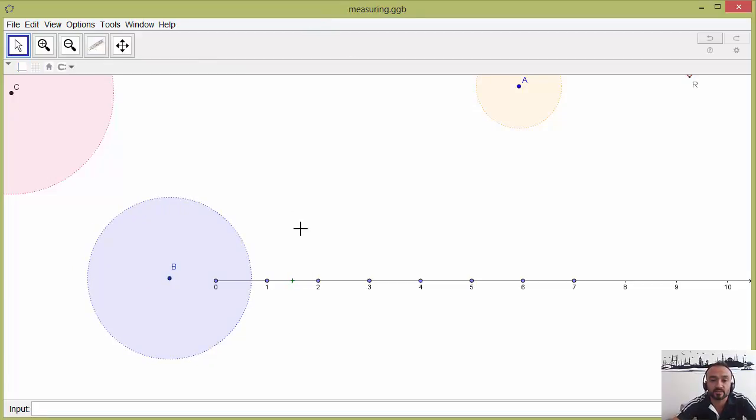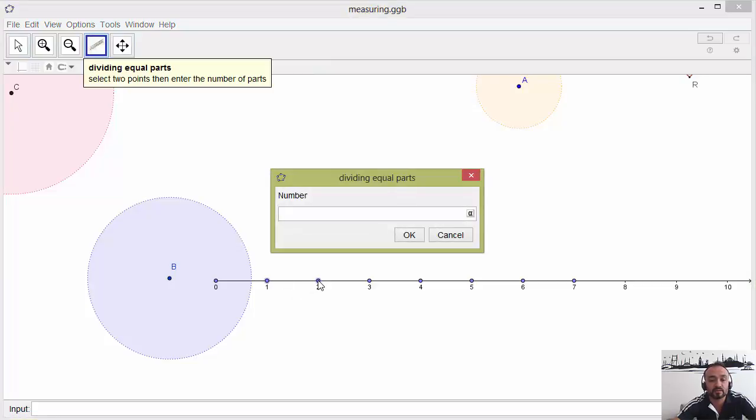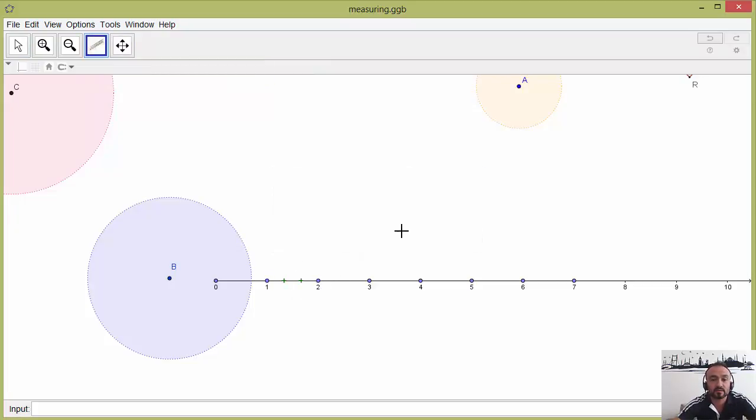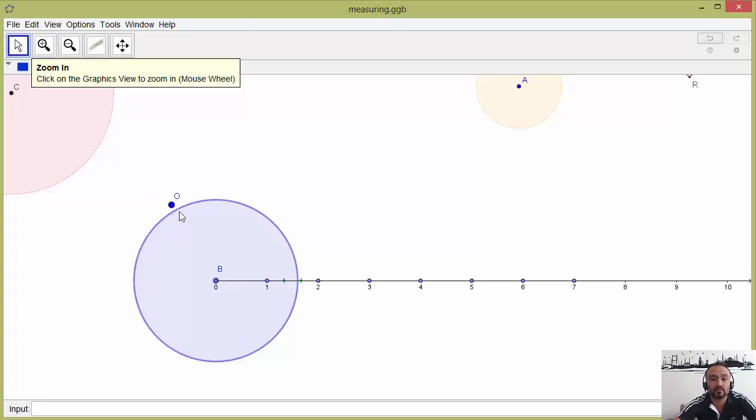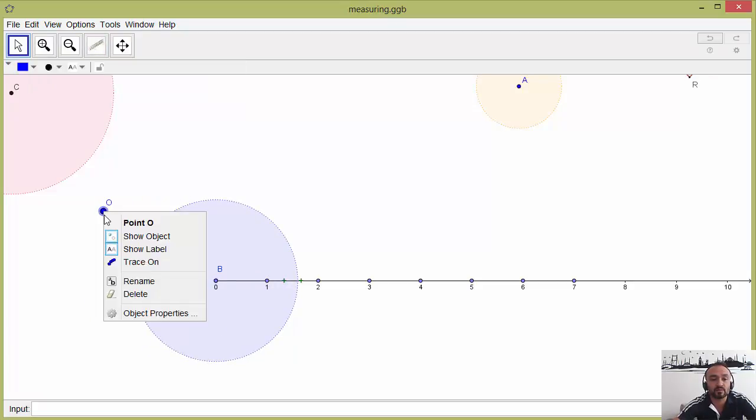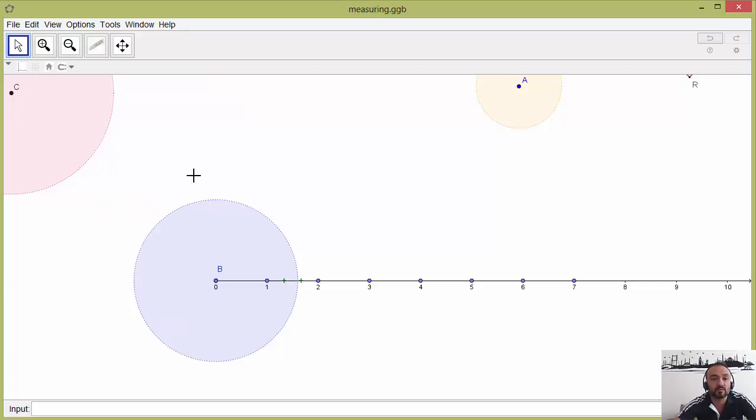Let's try another partition number. Okay, what about 3? Oh, 3 also didn't work.